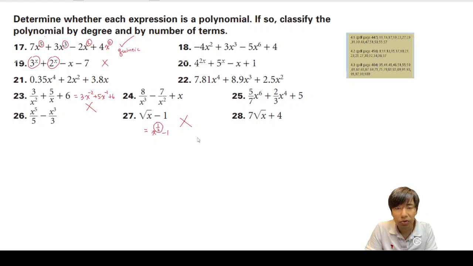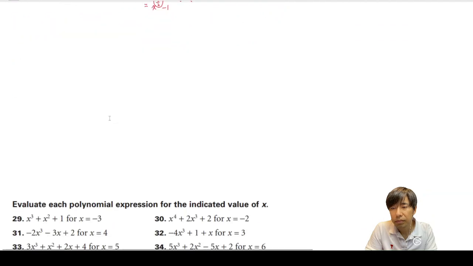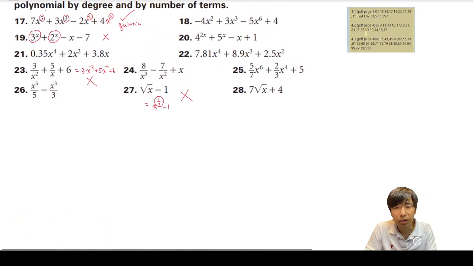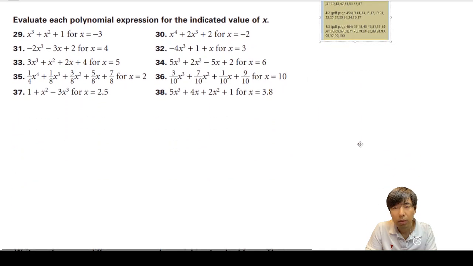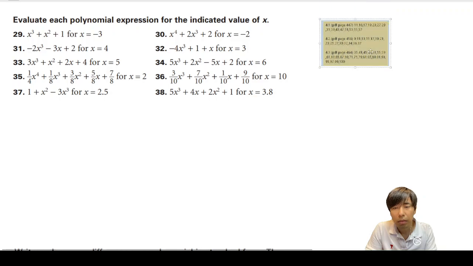Let's jump to number 29. Oops, let me bring this thing down. Evaluate each polynomial expression for the indicated value of x.